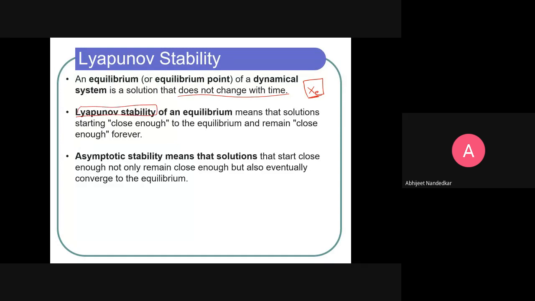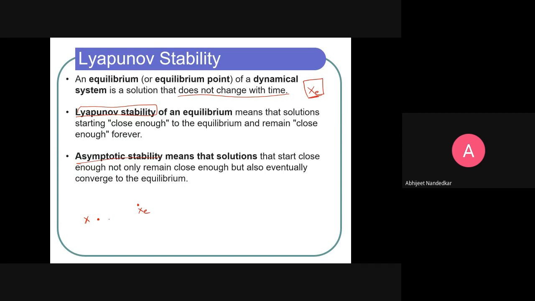We will see what this is. And asymptotic stability means that solutions start close enough, not only remain close enough, but also eventually converge to the equilibrium. Suppose this is your state variable right now, and say this is the equilibrium point.